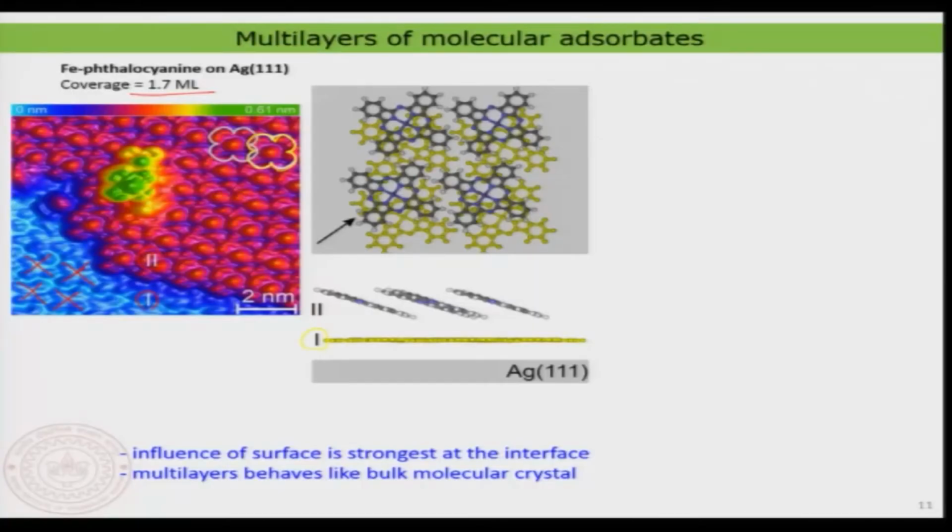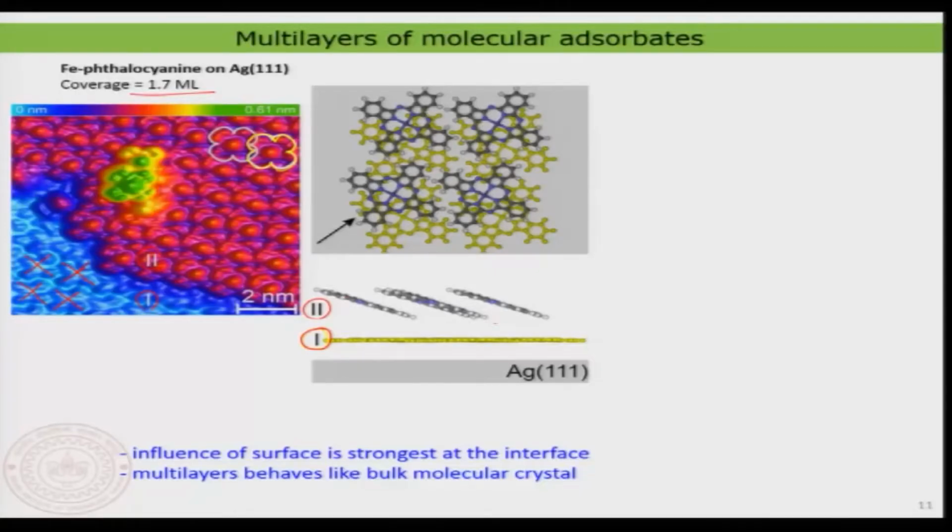So, then what happens is that in the first layer and in the second layer, you would find that the molecular orientation with respect to the basal plane of the surface is actually changing. In the first layer, all the molecules are planar with respect to the surface, and in the second layer, of course, the molecule is planar, but the molecular orientation with respect to the surface is not planar anymore.